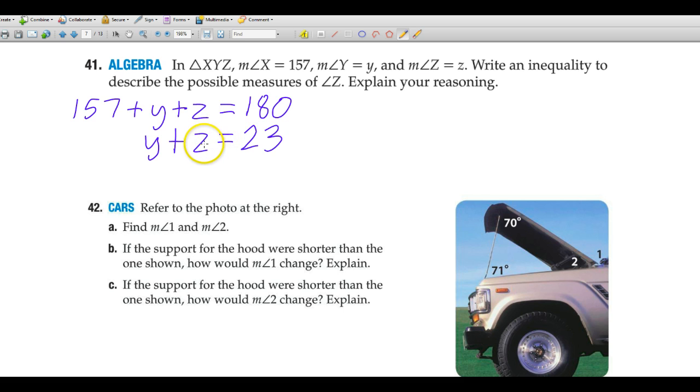So z has to be less than 23. For example, if z is 22, then y could equal 1 degree. So 1 plus 22 is 23, plus 157 is 180. So z has to be something less than 23.